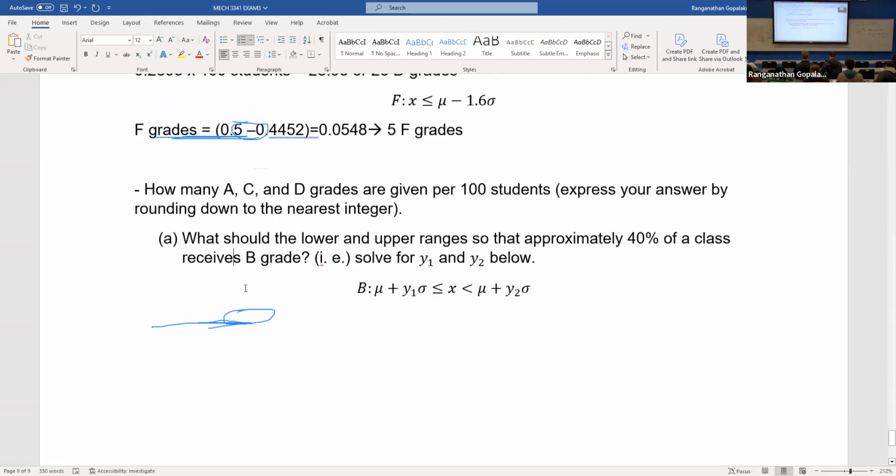The second part is what should be the lower and upper ranges so that approximately 40% of the class receives a B grade. That is, how will you solve for Y1 and Y2 such that 40% of the class gets a B grade? This is the problem in reverse. You are told the area under the curve and then asked to look up what value will get you 40%.